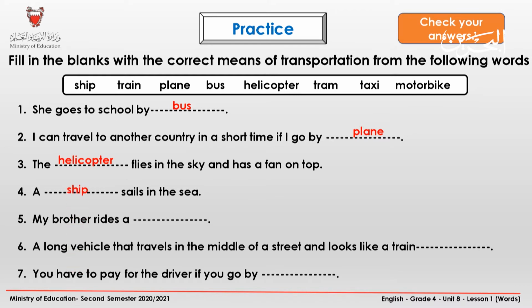Number 4. A ship sails in the sea. Number 5. My brother rides a motorbike. Number 6. A long vehicle that travels in the middle of a street and looks like a train. Tram. And number 7. You have to pay for the driver if you go by taxi.